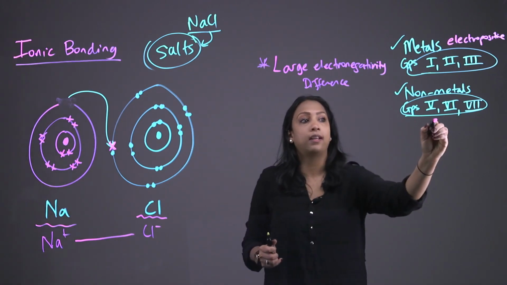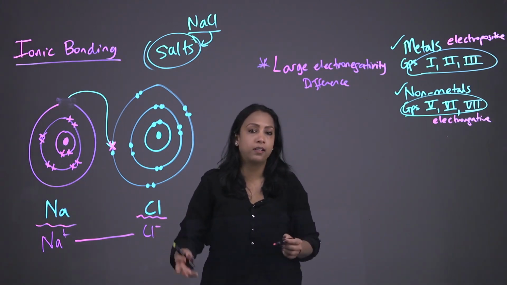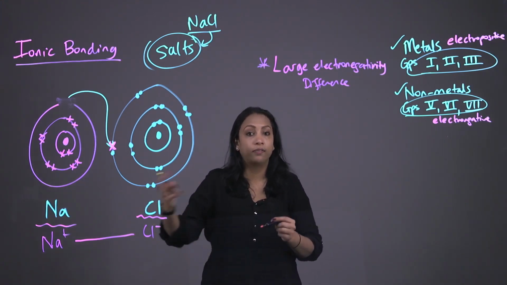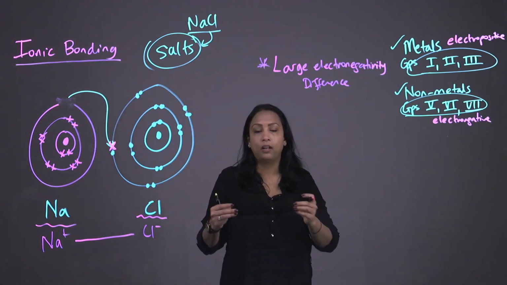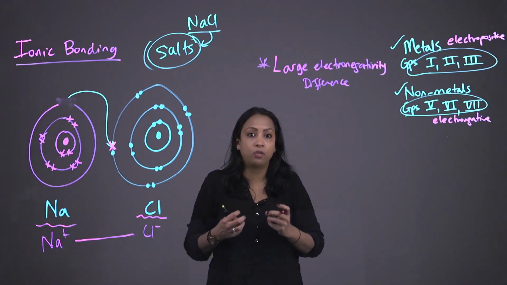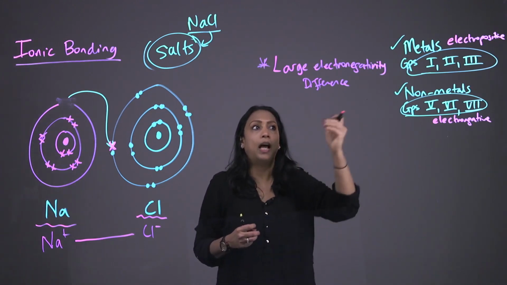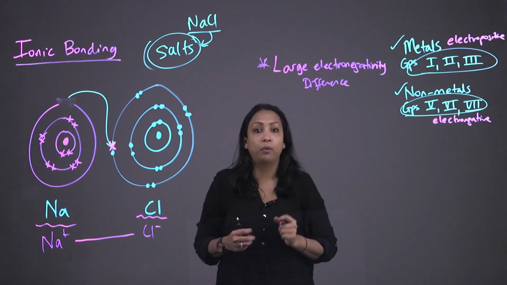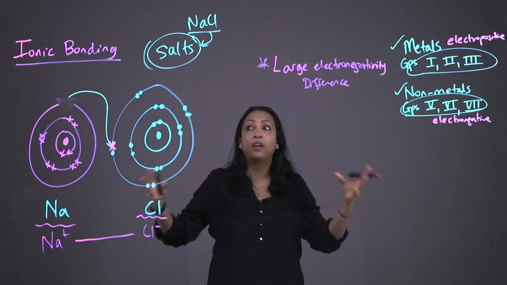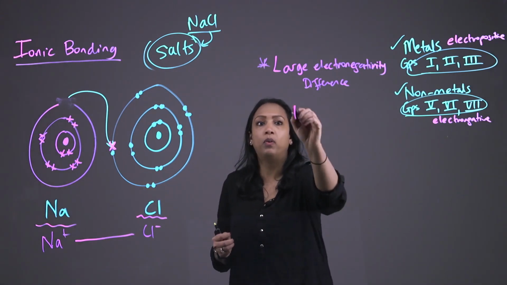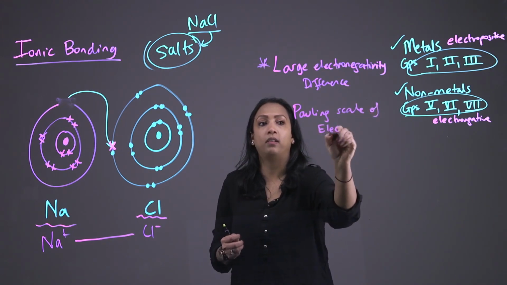Non-metals are electronegative, because as we've seen here, non-metals tend to accept electrons from other species. So if electronegativity is the ability of a species to draw negative charge towards itself, non-metals are highly electronegative, and my metals are electropositive. We have what we call the Pauling scale of electronegativity.